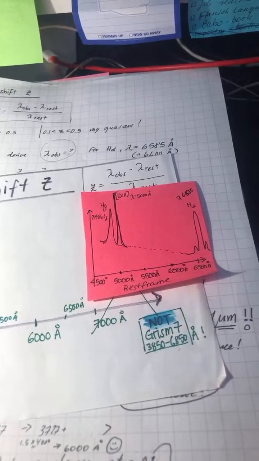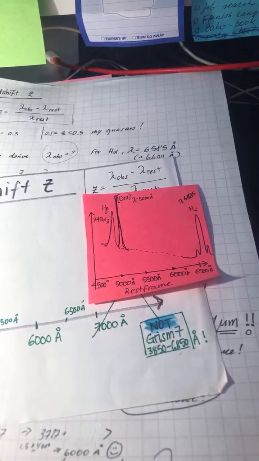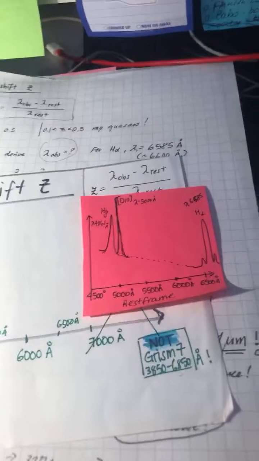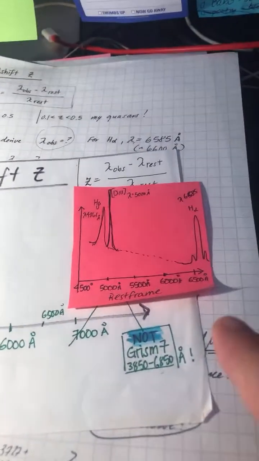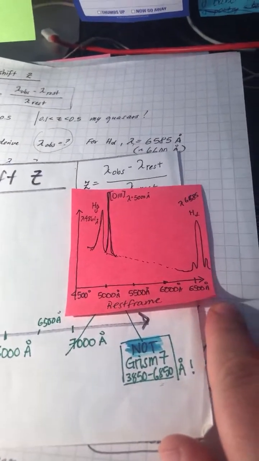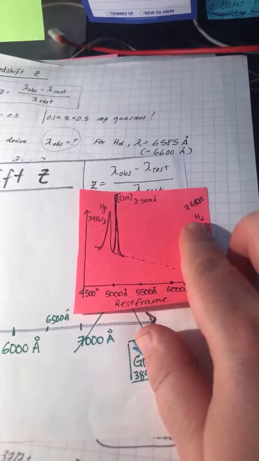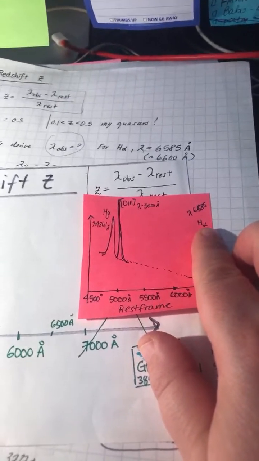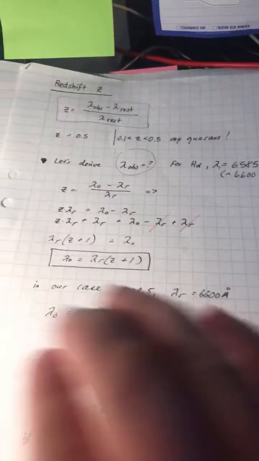This one is not very good because the 6,500 emission line H alpha moves by, what did it move by?